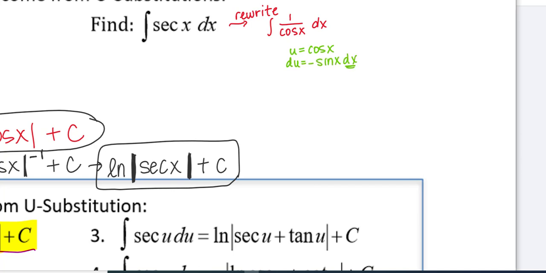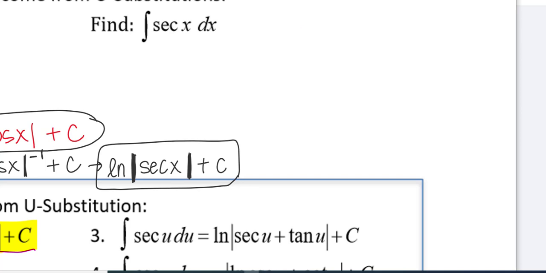Well, I have the dx piece, that's fine, but you do not have the negative sine x. And you can't multiply in a function and multiply out a function because you can't pull a function out of the integrand like that. So that's not going to work. So, okay, what else? So I'm just going to leave it as secant, because that rewrite didn't seem to go very far.